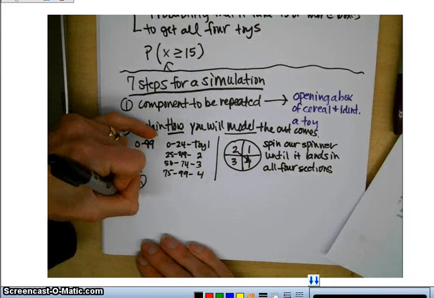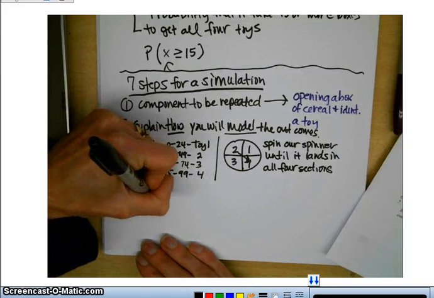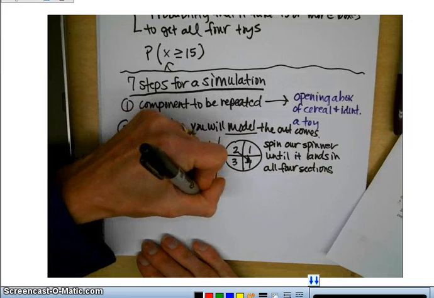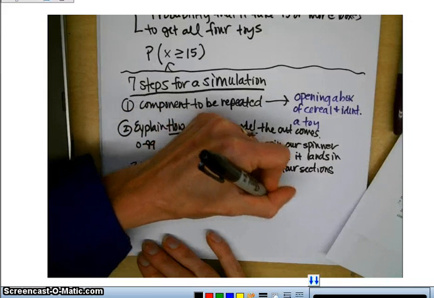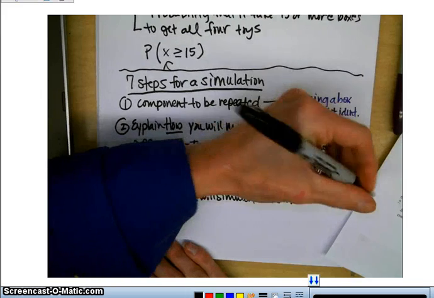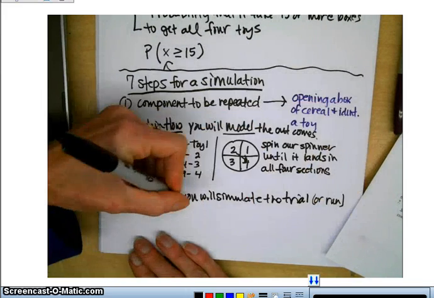Alright, so step 3, explain how you will simulate the trial, or run is sometimes what they call it, the sequence of events.